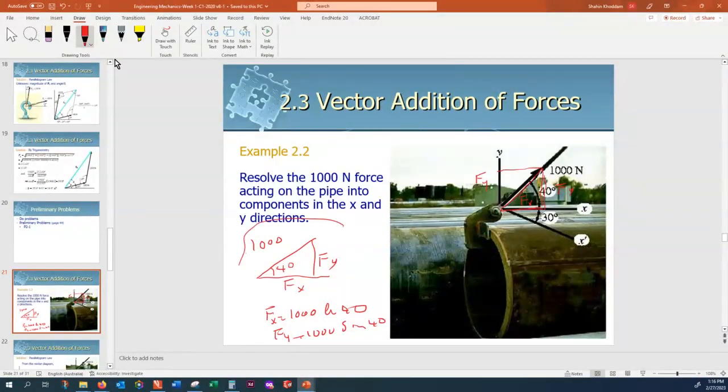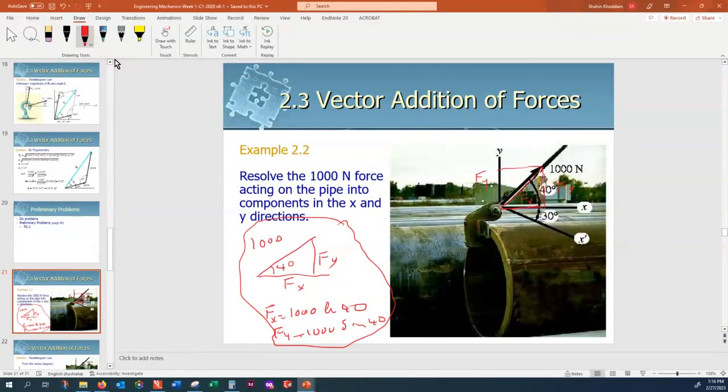So to solve that triangle, this is a skill you have to repeat many times in this subject. So if you are rusty with trigonometry, just try to perfect that little triangle for yourself. Otherwise, you will have a hard time in this subject.